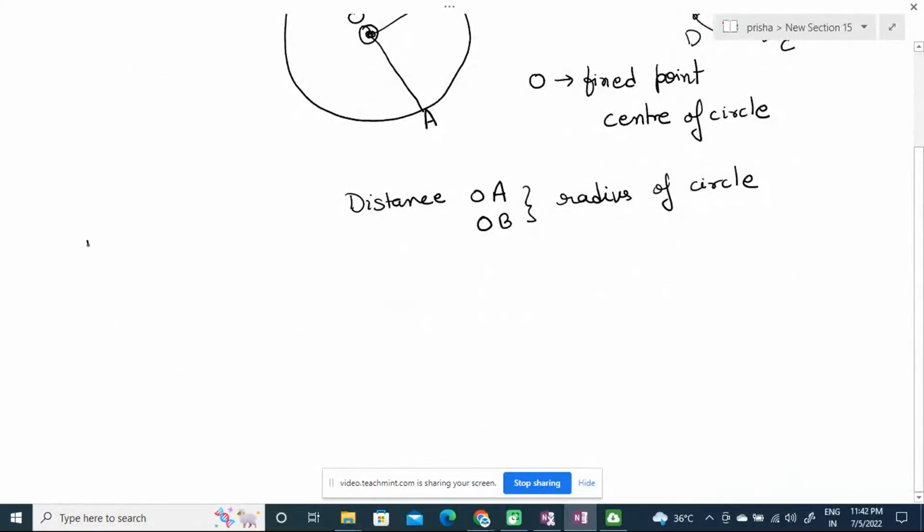Now again the same things, interior of circle, exterior of circle.